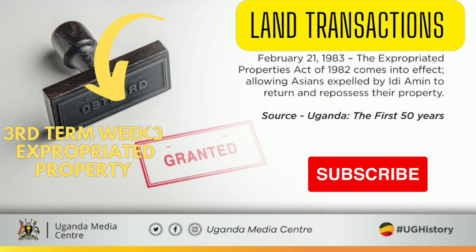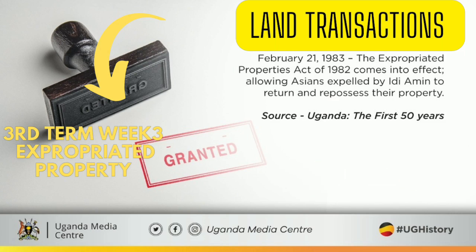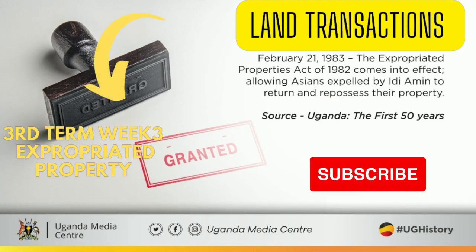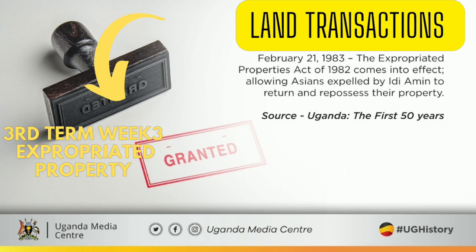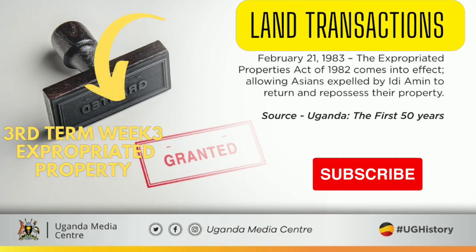Then what amounts to expropriated property is under the definition section of the Expropriated Properties Act. So this implies that the Expropriated Properties Act applies after the property has been expropriated. But before expropriation, we shall refer to the Assets of Departed Asians Act. Are we together?